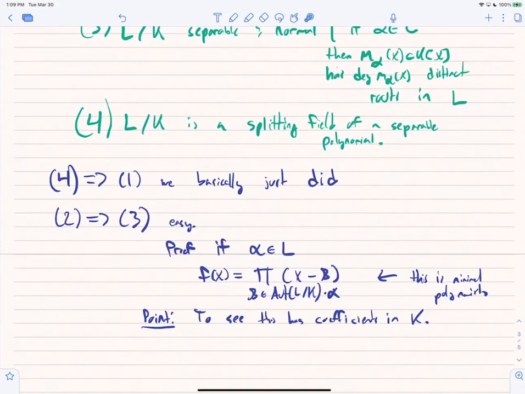This is something we've already used lots. All of these elements are roots of the minimal polynomial. The point is to see that those are literally the only roots and they all appear with multiplicity 1. To see that, you write down this polynomial and show that it has coefficients in K.